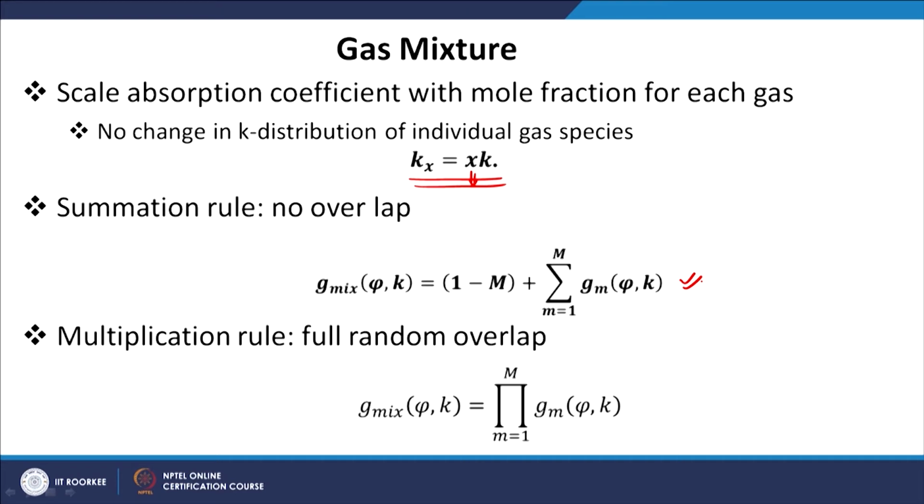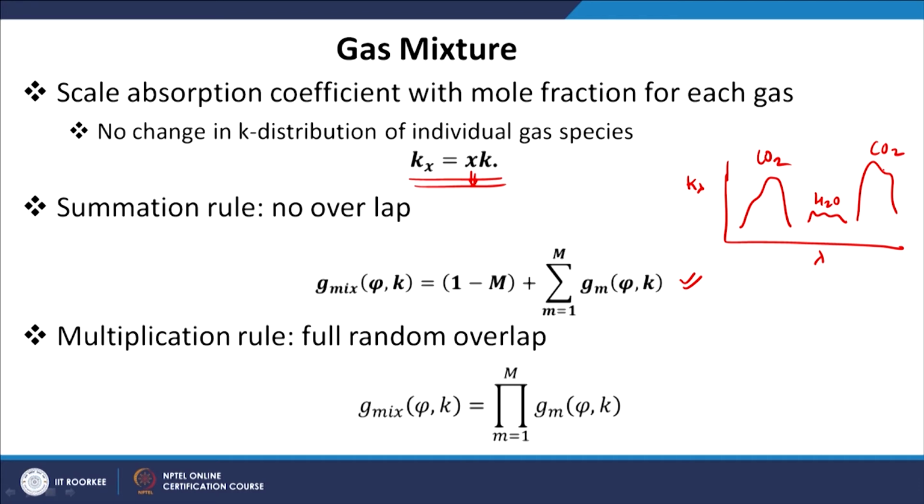It gives you very good accuracy when the gases do not overlap. For example, you have a spectrum of lambda versus kappa lambda, you have one band of CO2 and then another band of H2O, and then again maybe a CO2 band. Whenever you have this kind of spectrum with non overlapping regions between the two gases, the summation rule gives you very good results.